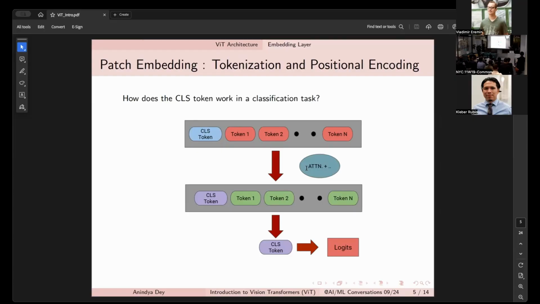So finally, you have a class token that knows about the image. Then the idea is to isolate that class token and do some operation on it to isolate the logits and do the classification. So this is the logic of why we want to include a class token.